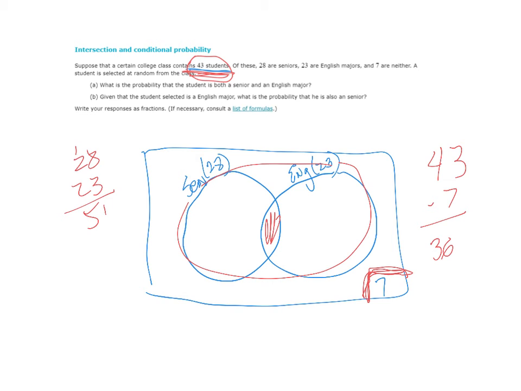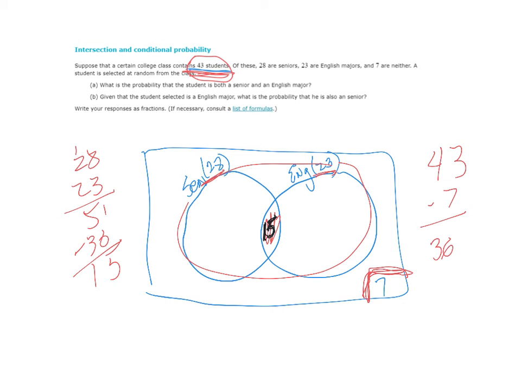And that number right there, between 28 and 23, adds up to 51. So I'm going to take 36 from 51. That's a difference of 15. And that's telling me that this number, I got 15 folks that are overlapping here.